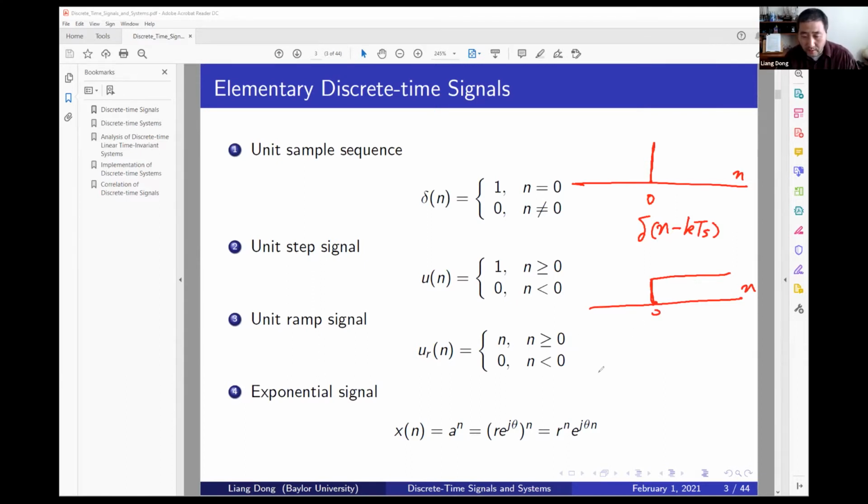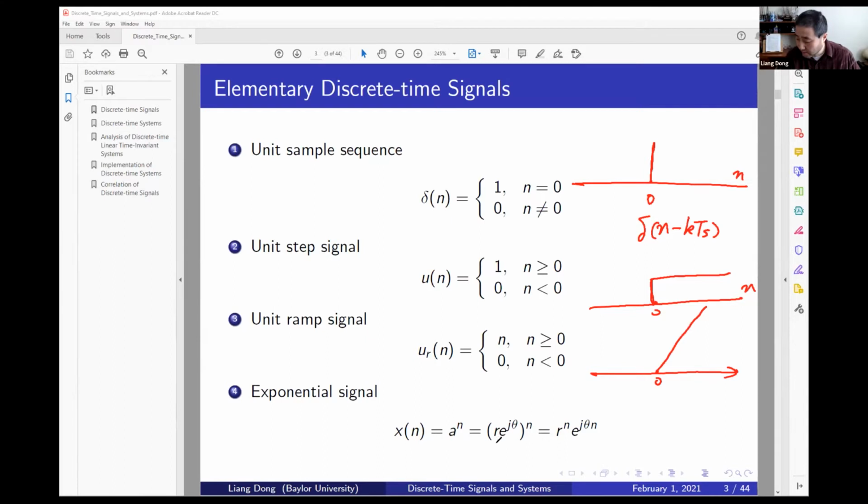The unit ramp signal, you can look at that as a linear signal, but it's only half of the plane. It starts from 0, and it's just going upwards. This is the unit ramp signal. And then the fourth one, the exponential signal. The exponential signal is actually quite useful because those are the harmonics, or the frequencies that we need. For each exponential signal, a to the power n, this a is a complex number.